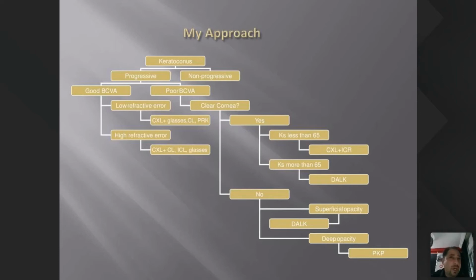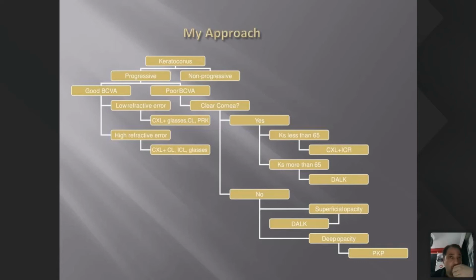They usually don't do well with glasses because of a lot of aberrations, so they cannot tolerate spectacles with high refractive prescriptions. They do much better with contact lens, and now contact lens development has been way better than years ago. We have the scleral contact lenses that are tolerable by a wide range of patients.